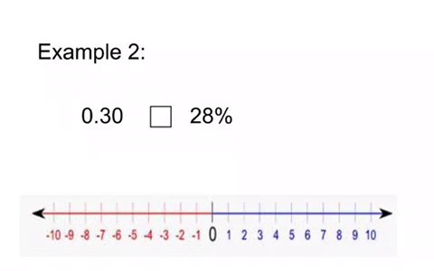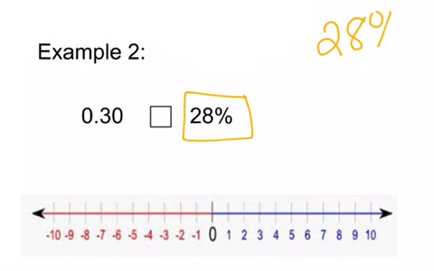Here's another one, but we have a percent. In order to compare, we want both numbers in decimal form. So 28% from our previous lesson, this is the decimal, and to understand a percent, it's out of 100. Dividing by 100 moves a decimal 2 places to the left, 0.28.